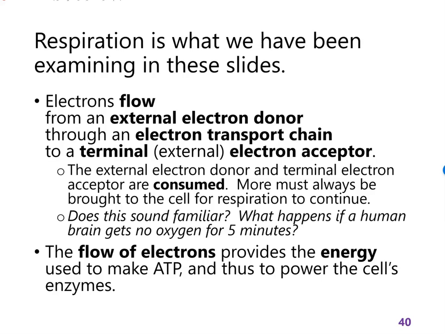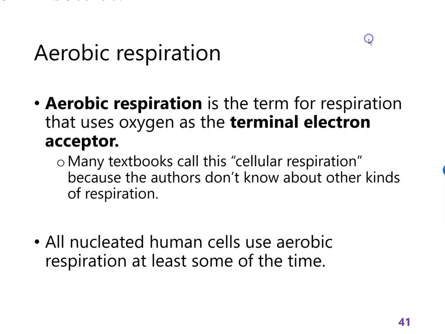And our neurons cannot do that. Human neurons will die without oxygen because they can't maintain themselves. They can't get the ATP they need to keep their processes going and repair their membranes and their proteins. So in respiration, the flow of electrons is the key thing.